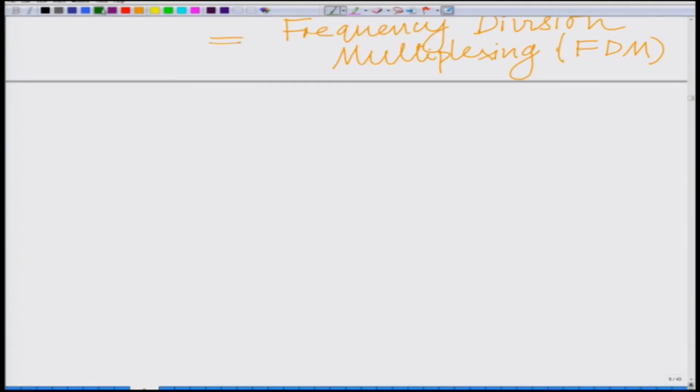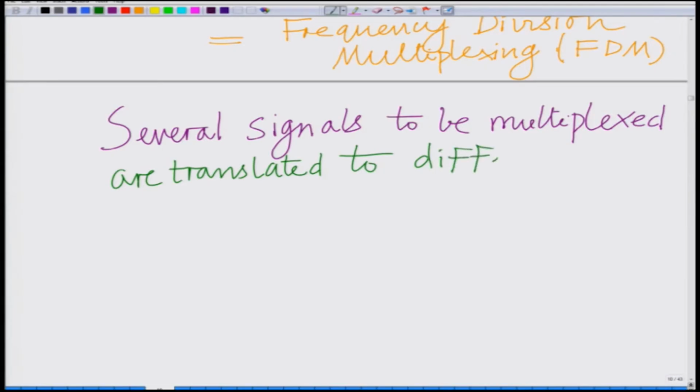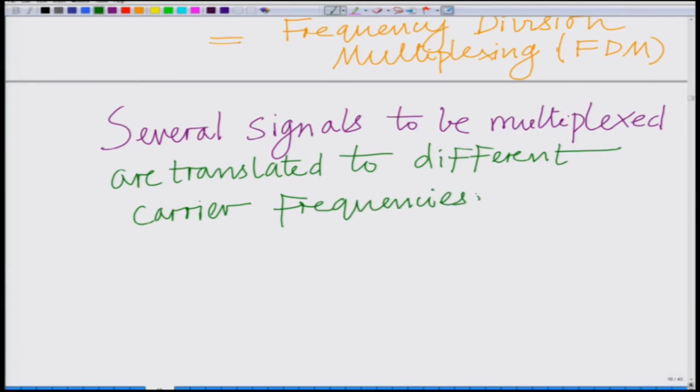All right, the several signals to be multiplexed are translated to different carrier frequencies, center frequencies. They are translated to different carrier frequencies.